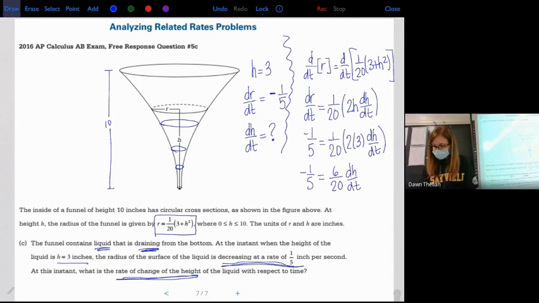To get rid of a fraction, you can multiply by its reciprocal. So if I multiply both sides here by 20/6, this cancels. 5 goes into 20 four times. So I have -4/6 or -2/3 equals dh/dt.